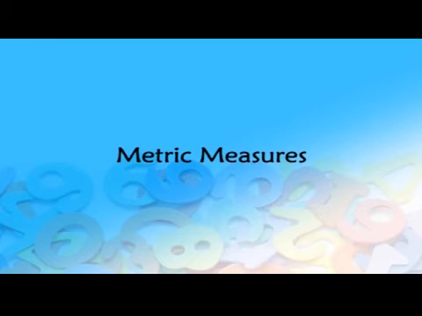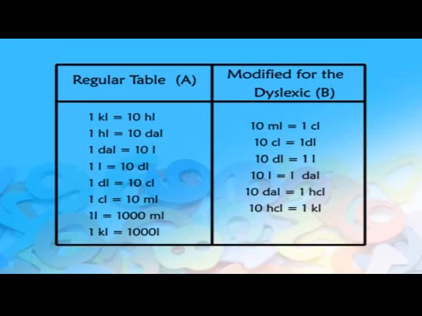Now, let us come to these metric measures which every child dreads. Conversion of units, measures of capacity, everything is difficult. Here, the regular table which we get for these metric measures goes from the bigger concept to a smaller concept, for example from kiloliter to 10 milliliter.